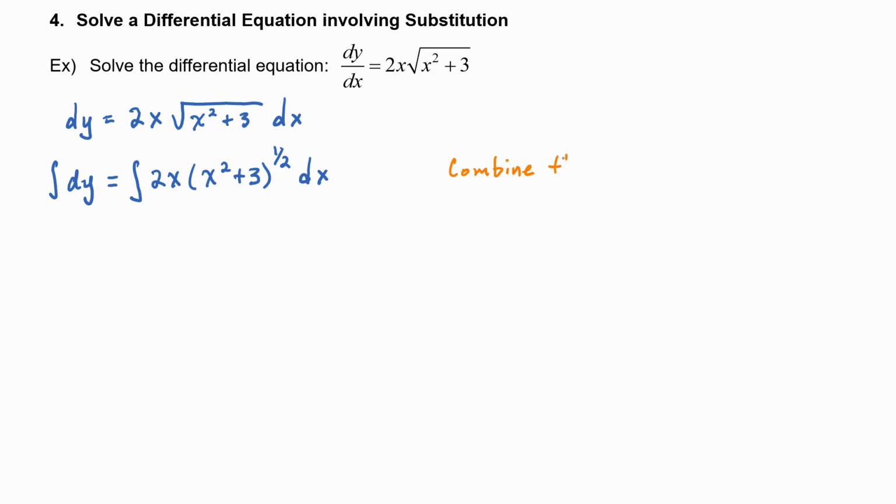So we will combine the two constants of integration into 1 plus c on the right-hand side.